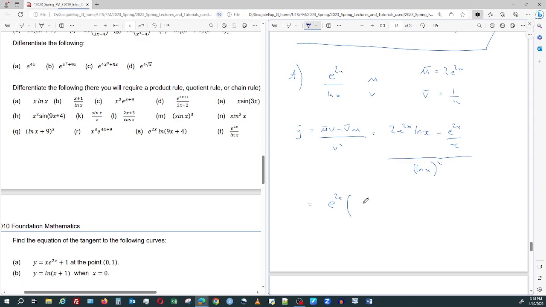We need a bracket, so we're going to get 2 ln x minus 1 over x, all over the ln of x squared. And that's your final answer.